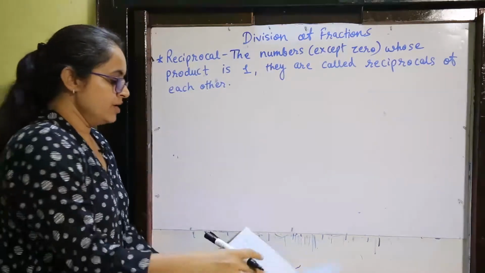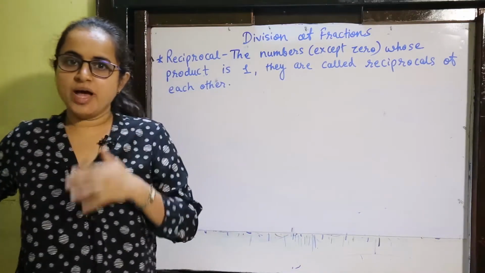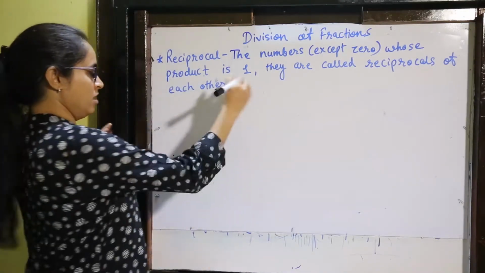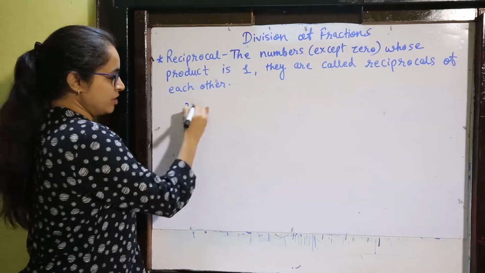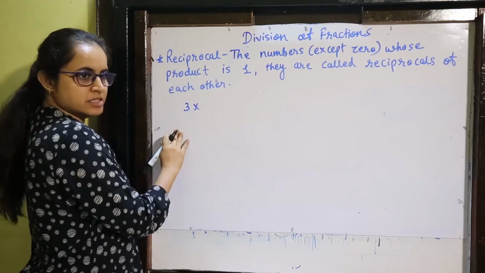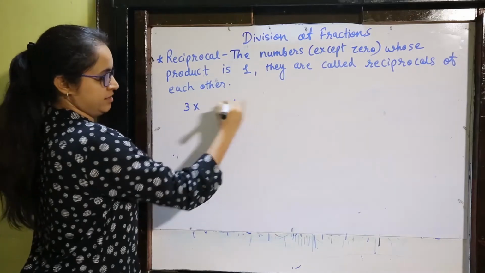Okay. Now what do you understand by this? Suppose you have one number, 3. Now which number will you multiply this by to get the answer 1?